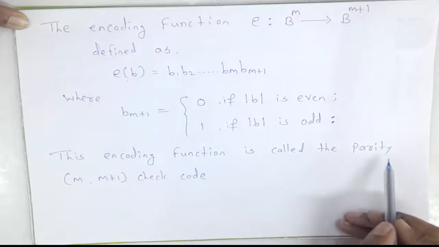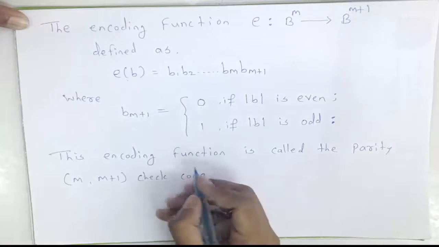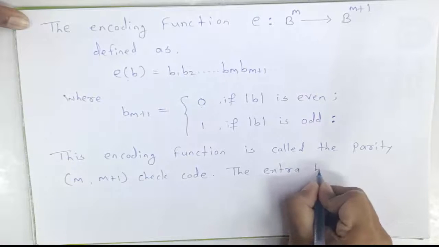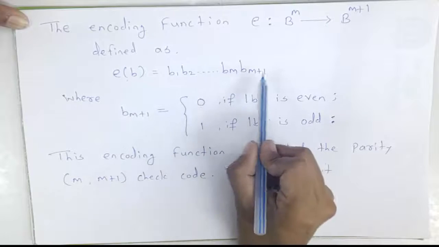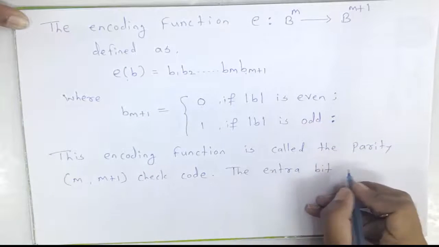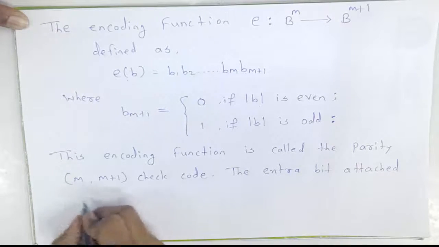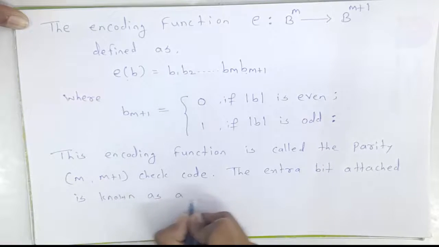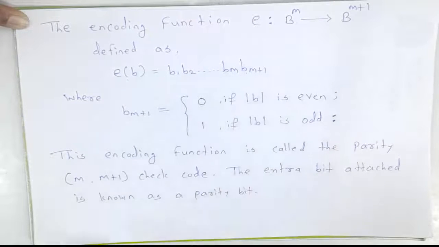So this encoding function is called the parity (m+1) check code, and here b1, b2, b3 are called the bits, and the extra bit, that is bm+1, the extra bit attached is known as the parity bit.